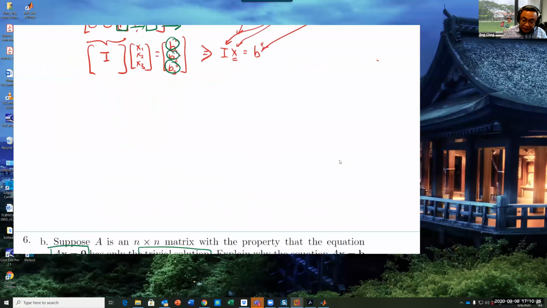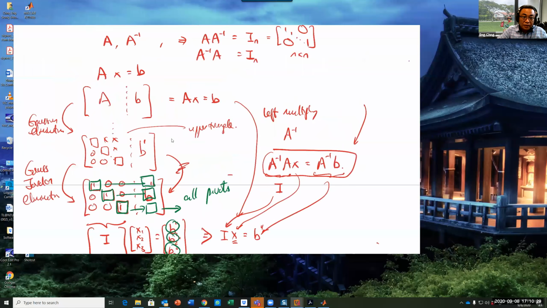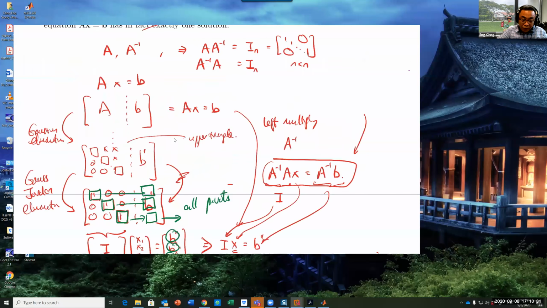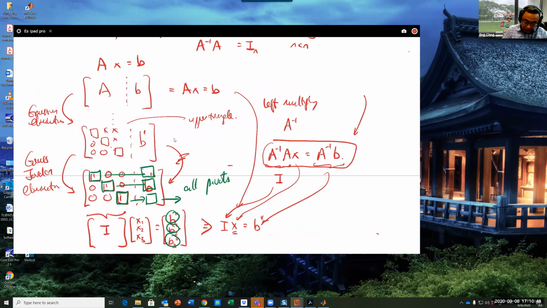So you say that, explain why the equation has in fact only one solution. You say that when you perform Gaussian elimination, because this is a square matrix and it has n pivots, therefore there's only a unique solution. To understand why, you use this diagram.